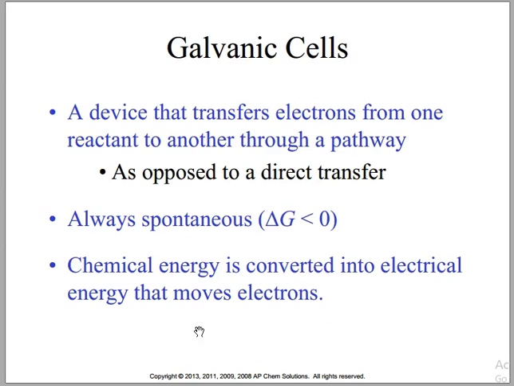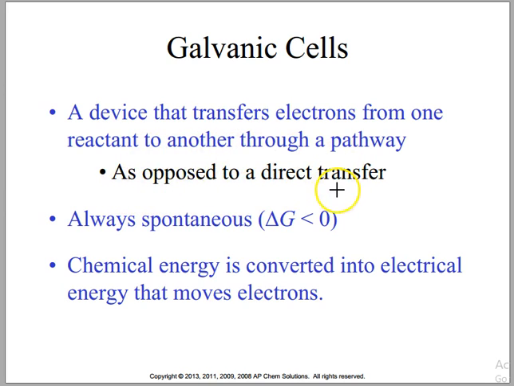Right, moving along. So galvanic cells. These are typically the cells that we'll work with. This is one type of cell that we will work with in electrochemistry. A galvanic cell is a device that transfers electrons away from one of the reactants to the other through a pathway.